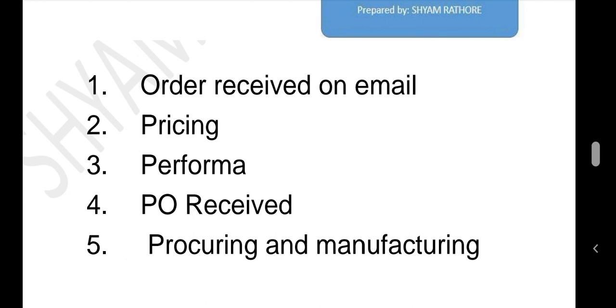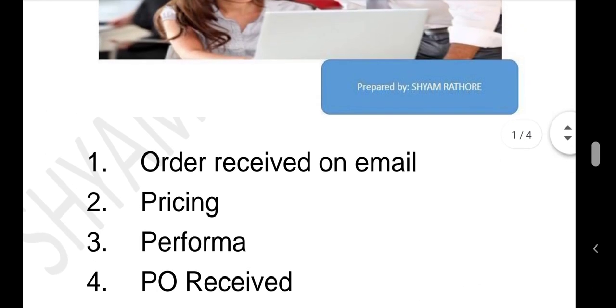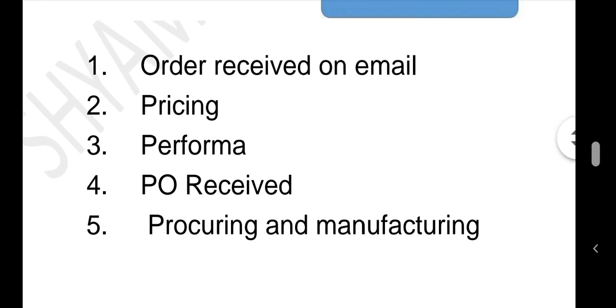In this way we receive the order, select the pricing, and prepare the Performa, and these are the steps we understood in receiving an order from the buyer. These are simple steps, and we can understand how to receive the order and how to check all the documents for export.